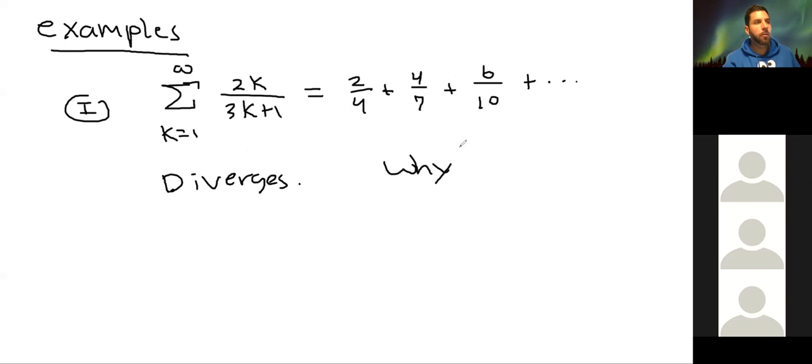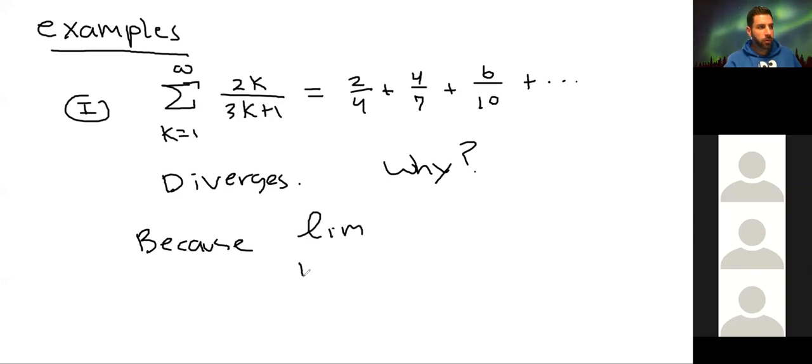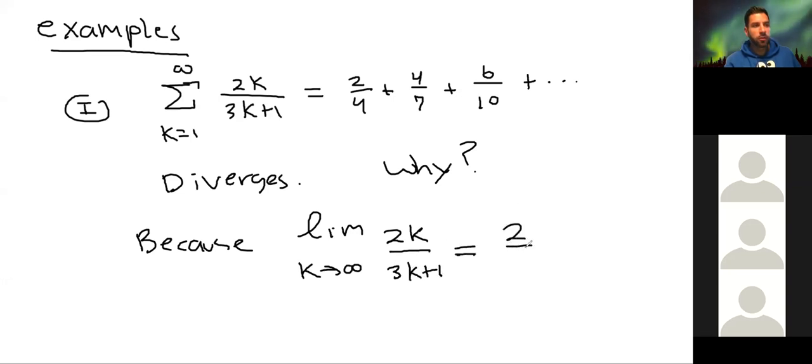Why? Well, we know already why. The divergence test says it's going to diverge because its terms ain't going to 0. So more specifically, what we're saying is if you take the limit of the terms, a limit you studied way back in Calc 1, even maybe before, you know this limit is 2/3, which is clearly not 0.